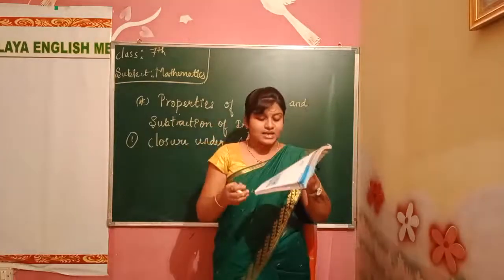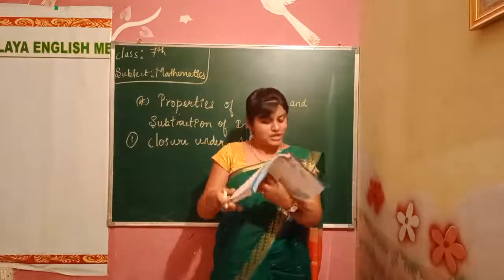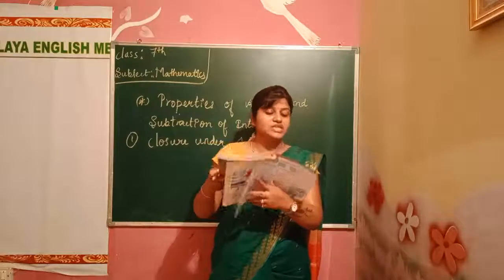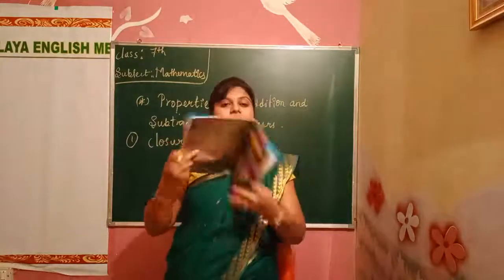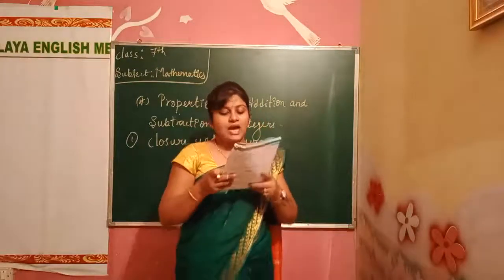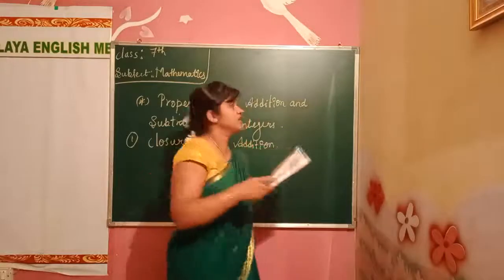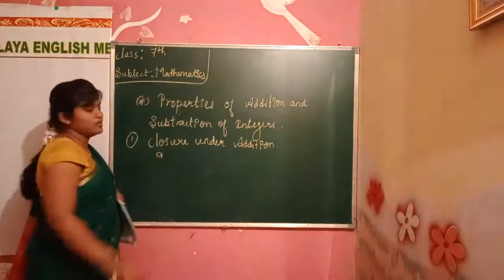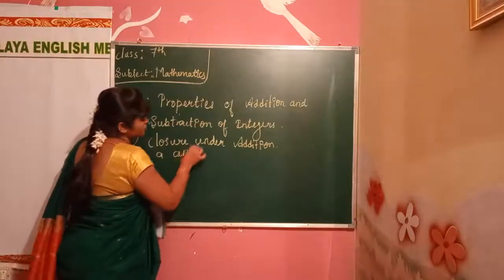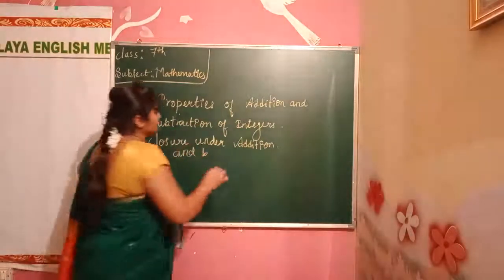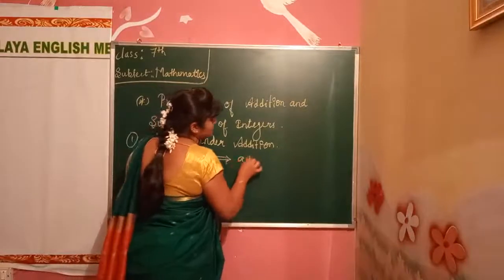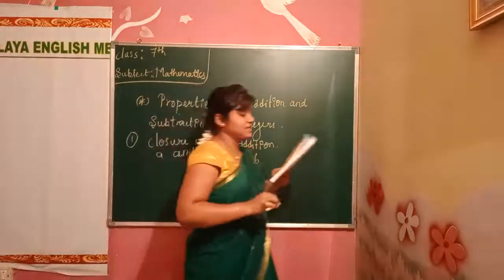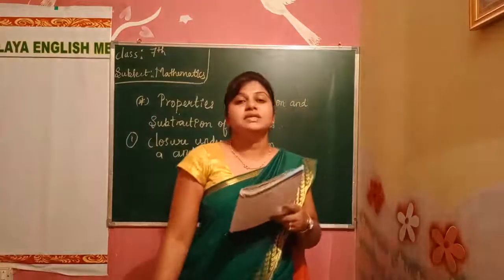In your book, children, all of you open page number 8. They are telling that A is an integer and B is also an integer. When we add these two, A plus B, we get an integer itself.